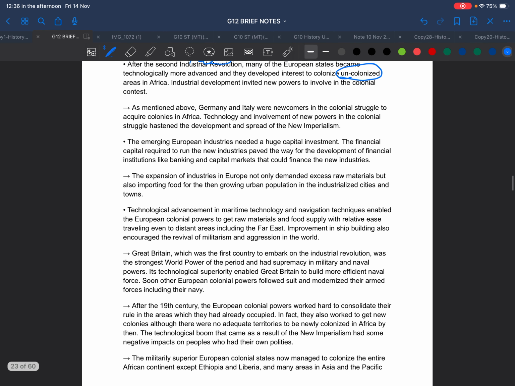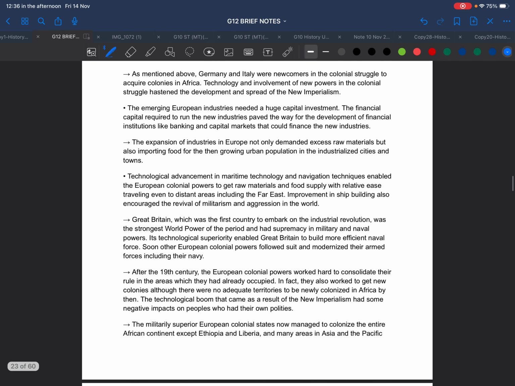As mentioned above, Germany and Italy were newcomers in the colonial struggle to acquire colonies in Africa. Britain and France, the old colonial powers, were territorial possessors earlier, before the arrival of Germany and Italy. But now, these two, after completing their unification, planted many industries in both the north and south across their regions, and that brought them profits.